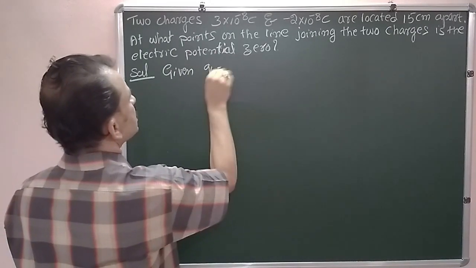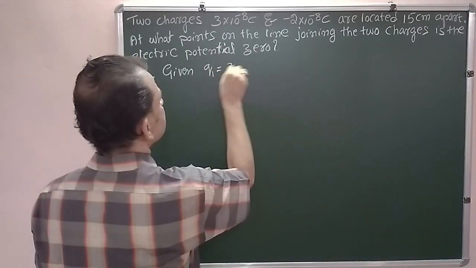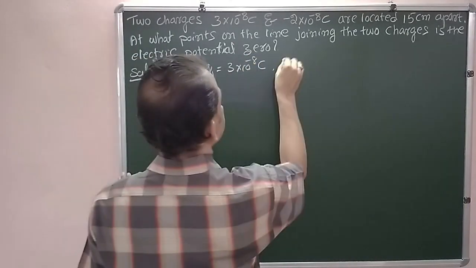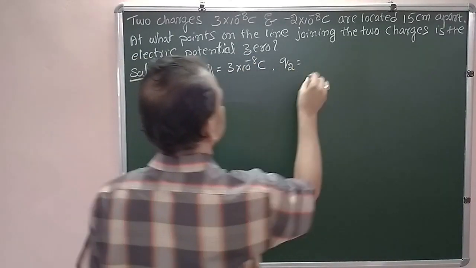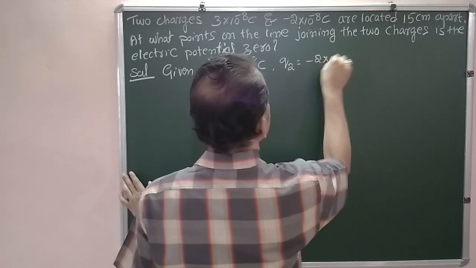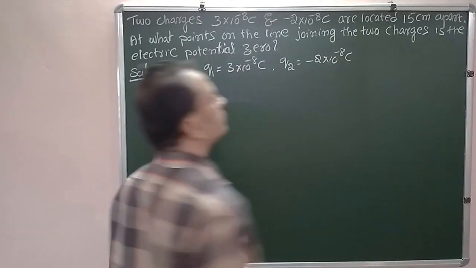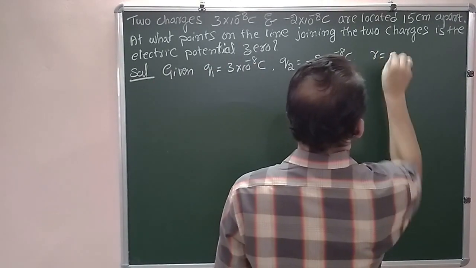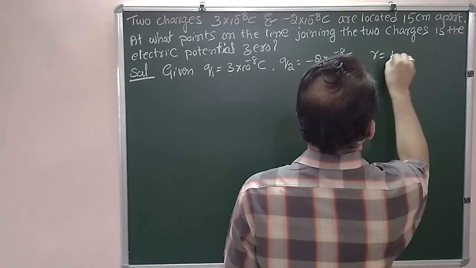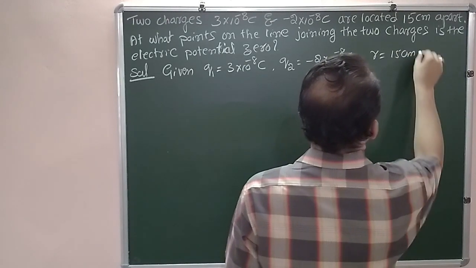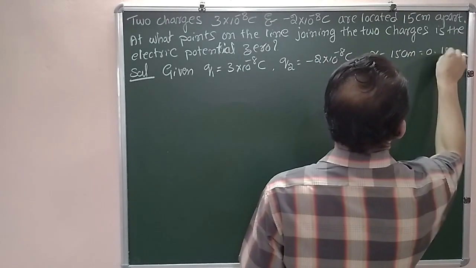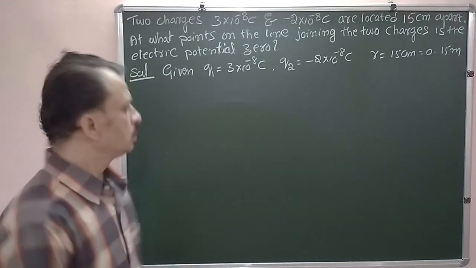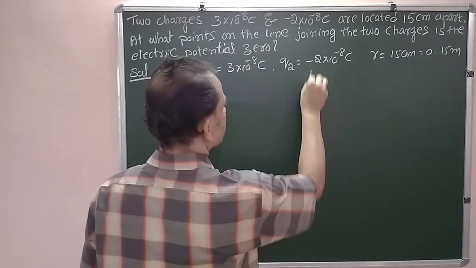Let me take the first charge Q1, that is 3 into 10 to the power of minus 8 coulomb, and second charge Q2, it is minus 2 into 10 to the power of minus 8 coulomb. The distance of separation between the two charges is equal to 15 centimeter, that is 0.15 meter. Now here we will study two cases.